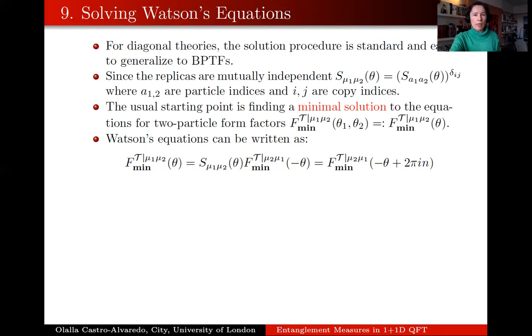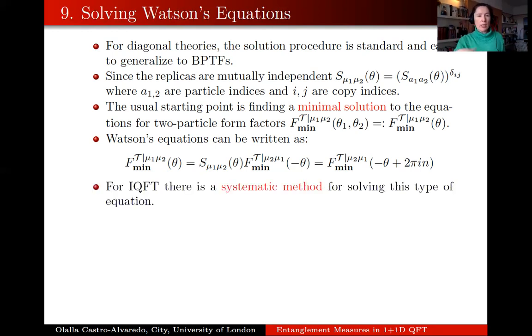And it turns out there is a systematic procedure to do this, at least for diagonal theories, which is very simple.